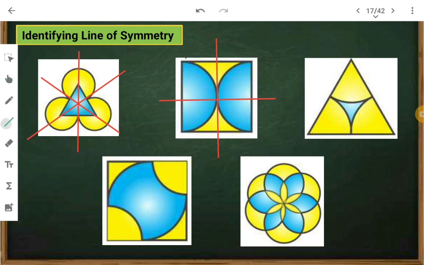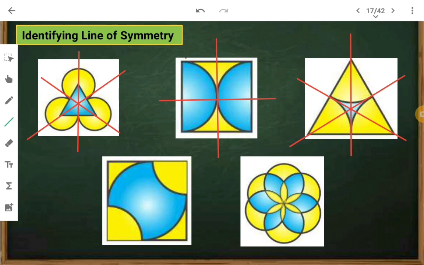Guessed? Yes. Now I will draw this. Here one line of symmetry. And next, here one line of symmetry. And next, here. Right? For this shape also, I am getting 3 lines of symmetry.